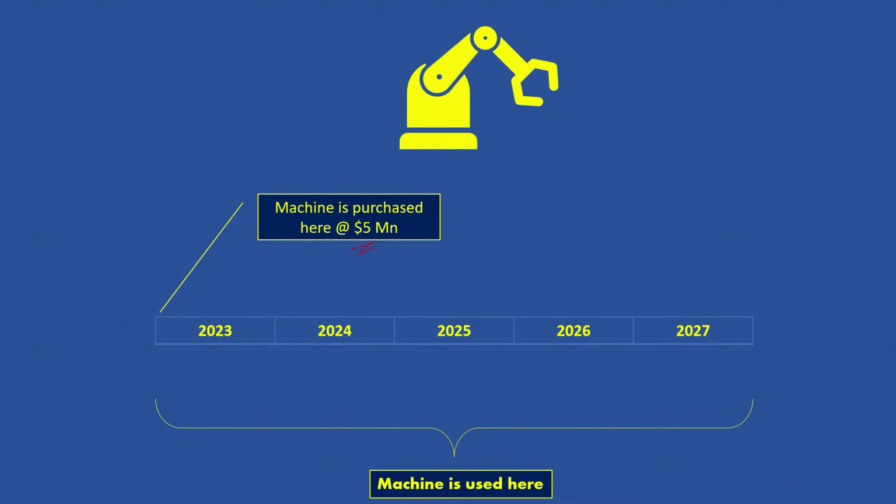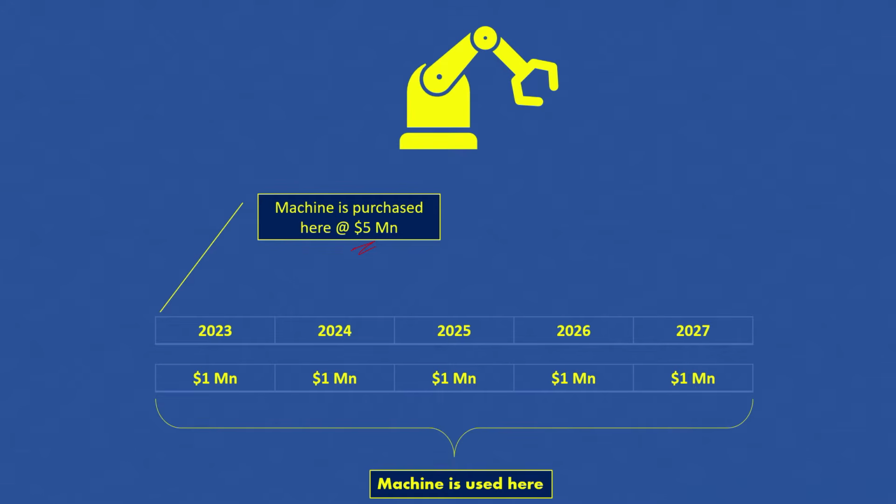there are multiple accounting methods of doing that, but the simplest one that we can use is a straight line in which we equally split the cost over the complete life. So I would split the cost of 5 million over 5 years, and this would be $1 million.